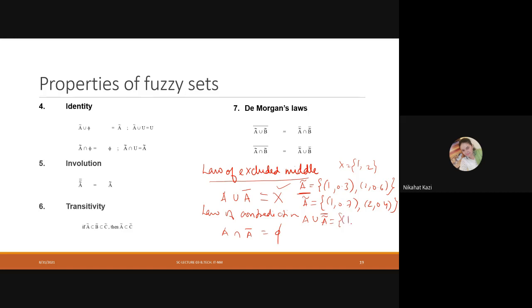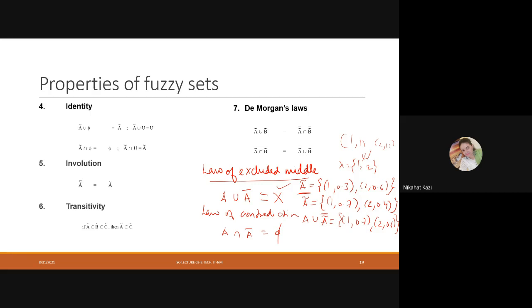So you will get 1, 0.7 and 2, 0.6. But what are you expecting? You are expecting 1, 1 and 2, 1, which is X. So A union A complement in the case of fuzzy sets will not be equal to X.